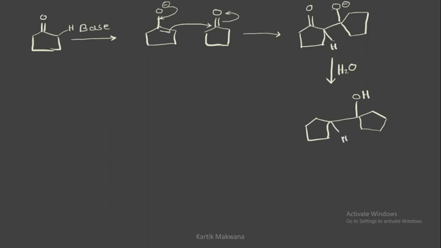Now, what is happening? Now, via the E1CB reaction, an elimination reaction will happen and an H2O molecule will be removed from this molecule, and we will get the double bond between two rings, right?